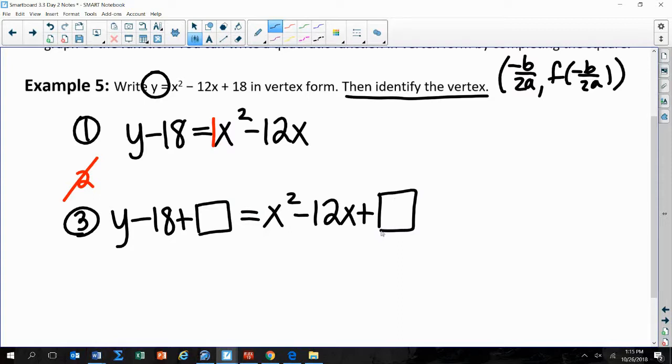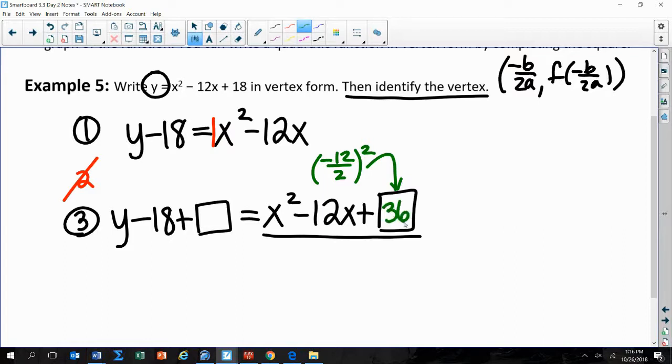How am I going to know what goes in that box? Yep, b divided by 2 squared, right? Whatever the number is in front of x, we're going to divide it by 2 and square it. So I'm going to take negative 12, divide it by 2, and square it, and that's what's going to go in the box. So what is that? Negative 6 squared, yep, good, 36, excellent.